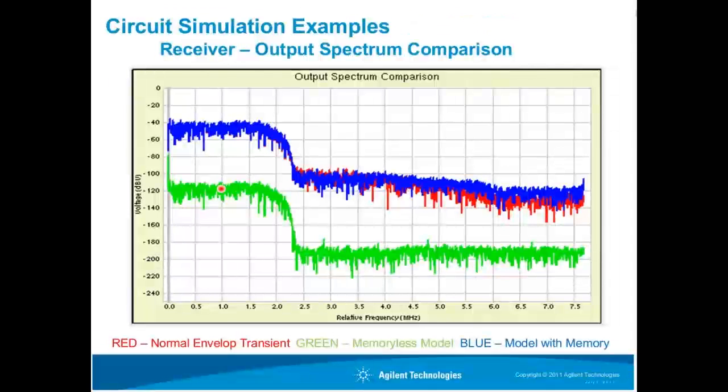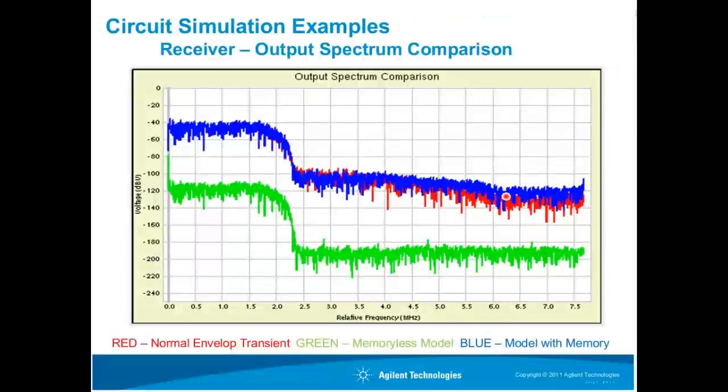So the steady state solver is going to have that thing fully settled to its final solution. So you're going to get a huge error. Now, on the other hand, if I turn on my model that includes memory effects, I can get quite an accurate response for this same circuit. It requires a lot more modeling time, actually, but I can build a model that can be exercised quite quickly.